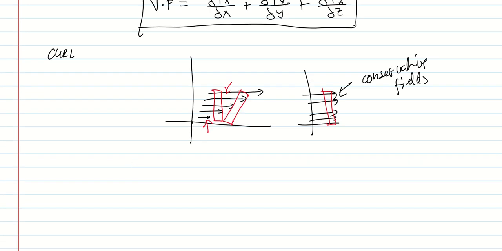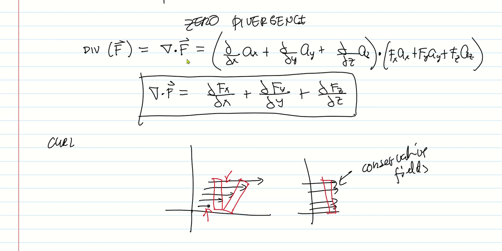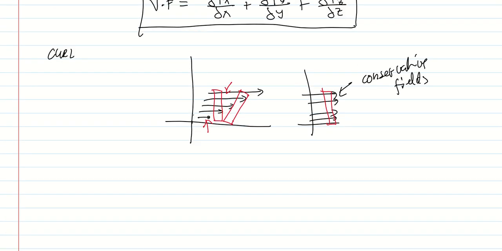Now, how do we evaluate that? If divergence is the dot product of the del operator with the vector field, then curl is the cross product. This is the cross product instead of the dot product.